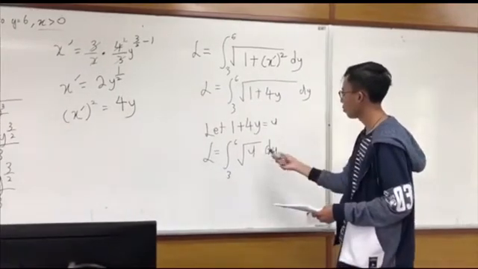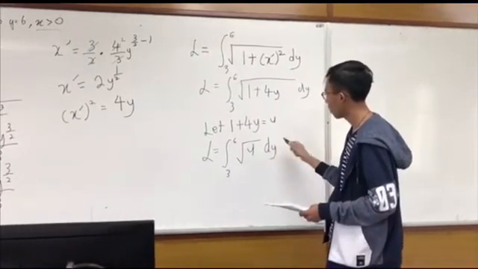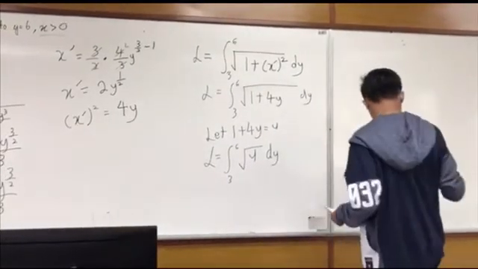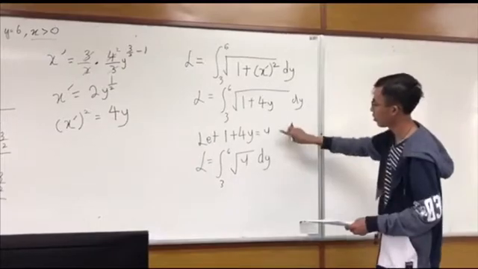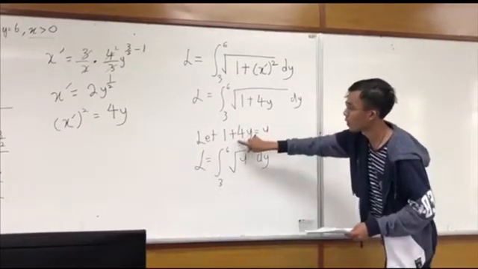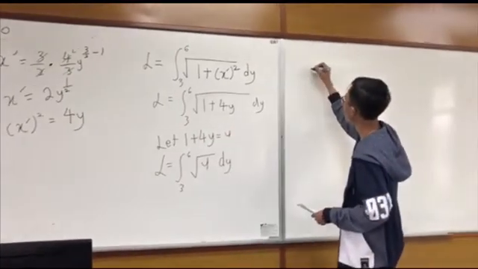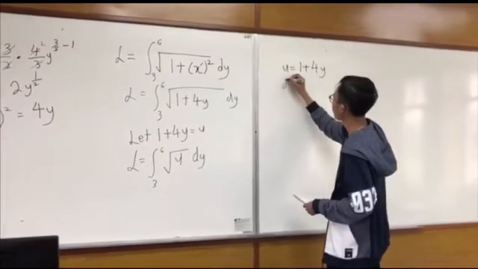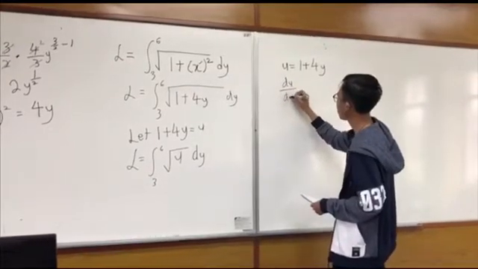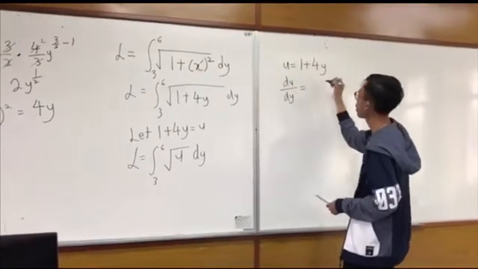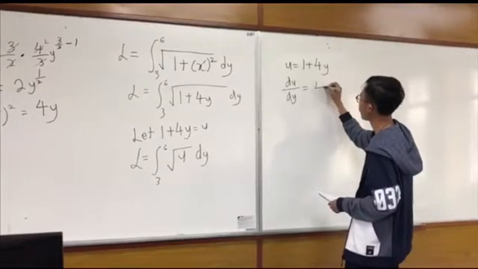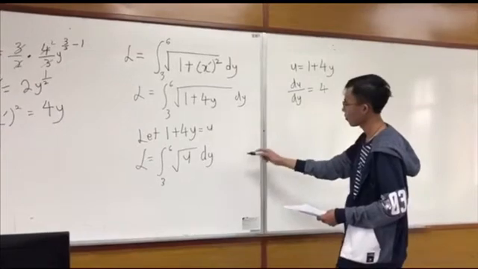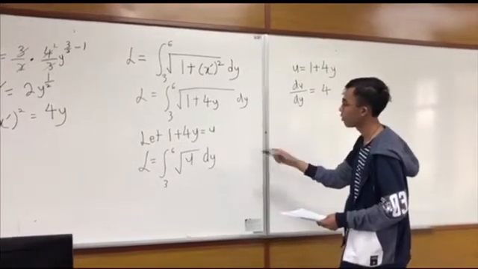Since we have two unknowns and we don't know the value of dy, we have to substitute for dy. Since u equals 1 plus 4y, du over dy, when we derive it, will become 4. So we got the value of dy.